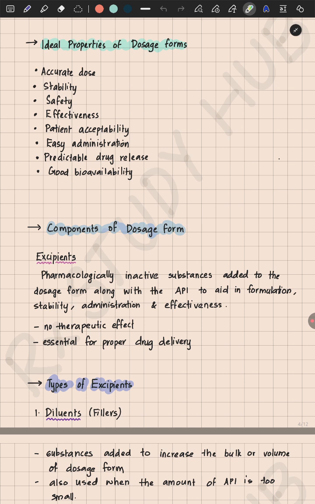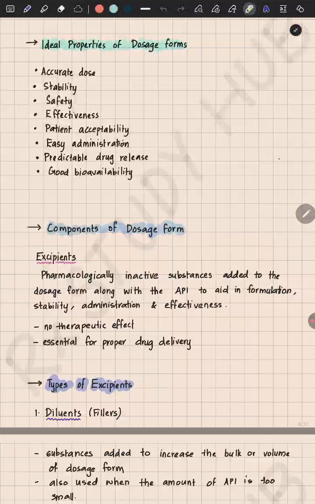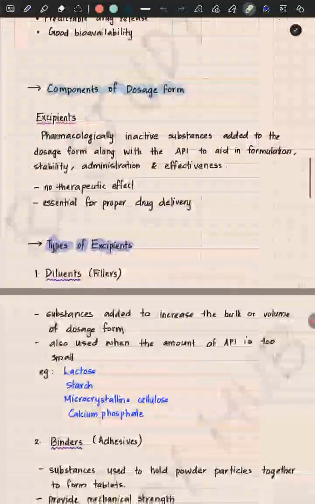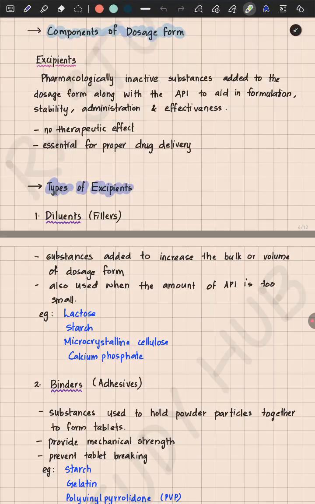Moving on, every dosage form consists of two main components, the active pharmaceutical ingredient and excipients. The active pharmaceutical ingredient, or API, is the substance responsible for the therapeutic effect. For instance, in a formulation containing amoxicillin, amoxicillin is the component that fights bacterial infection.